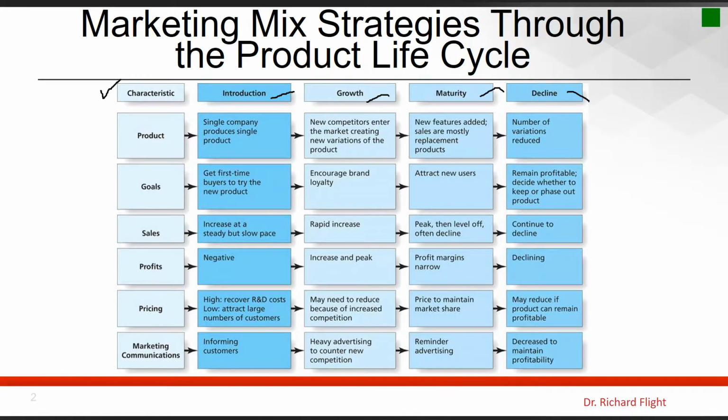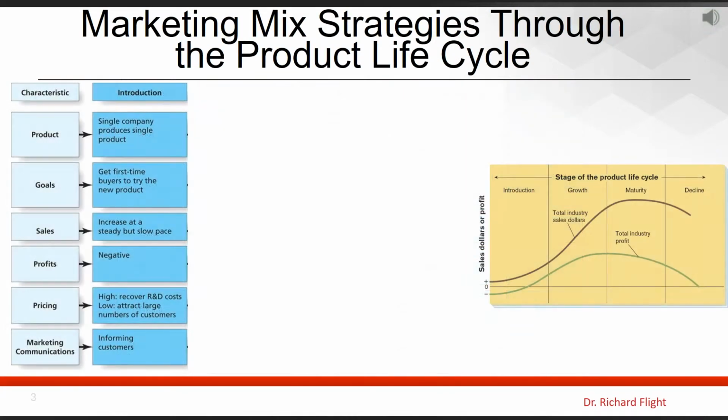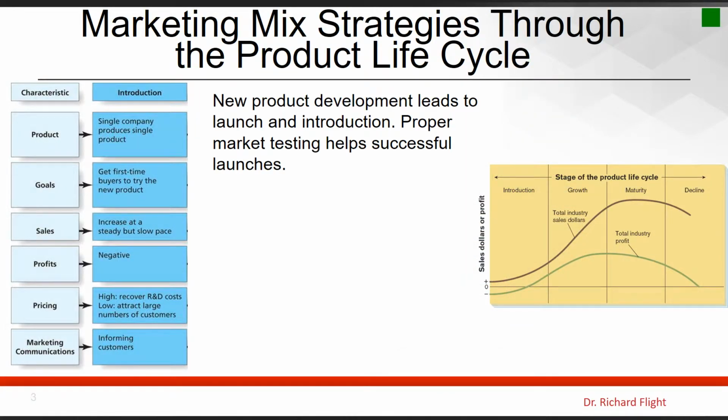So we'll just spend a minute or two talking about each one of these. So to begin with, we're going to talk about introduction. And again, this is this introduction stage here in the product life cycle, and we have these characteristics of the product. So new product development leads then to the launch and the introduction of the product.